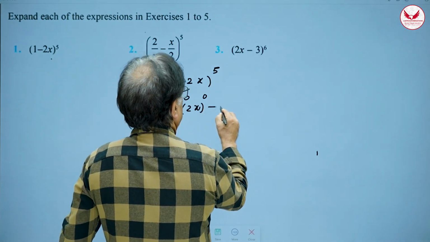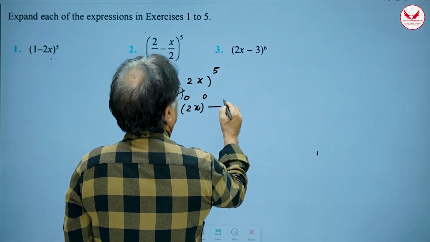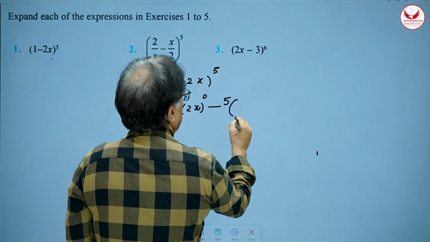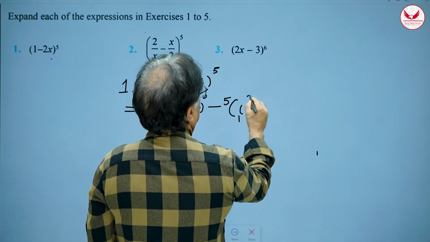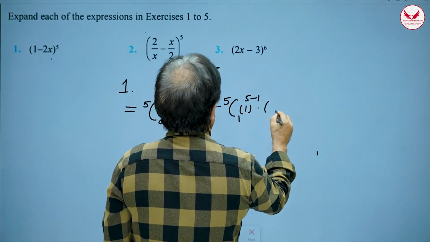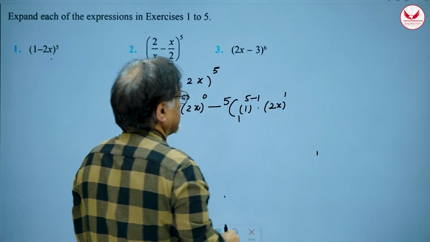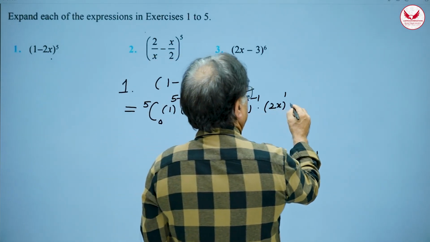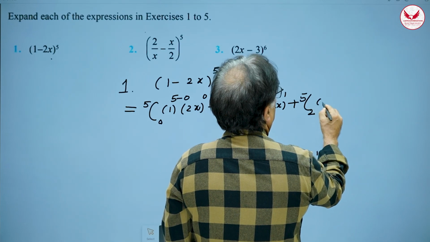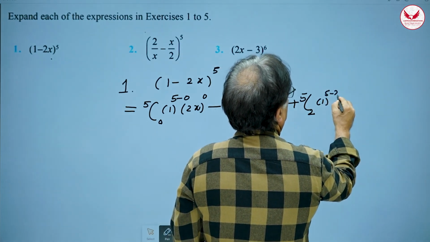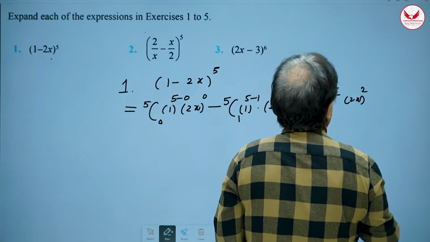Next, this will be minus now because the alternating terms are minus. So it will be 5C1, 1 raised to 5 minus 1, whereas 2x raised to 1. Now I'll go on writing like this. So plus 5C2, 1 raised to 5 minus 2 multiplied by 2x raised to 2.